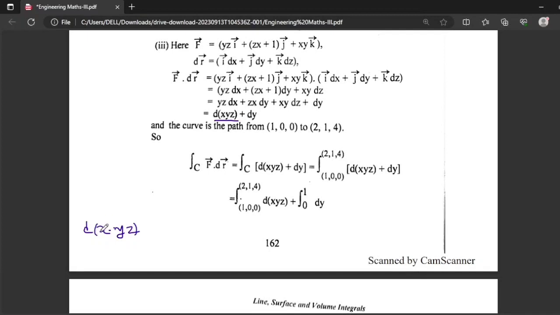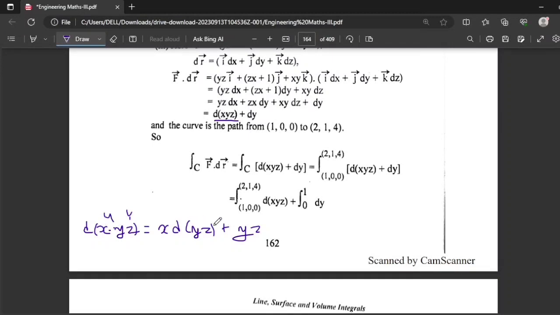So this is u and this is v, so the derivative of u times v is u times the derivative of v plus v times the derivative of u.